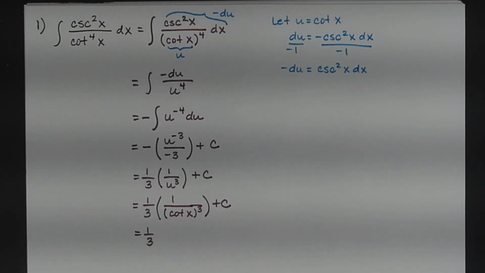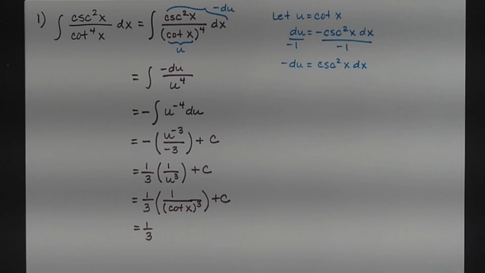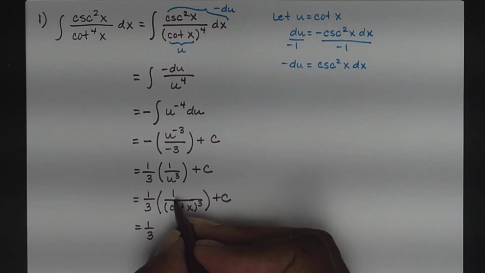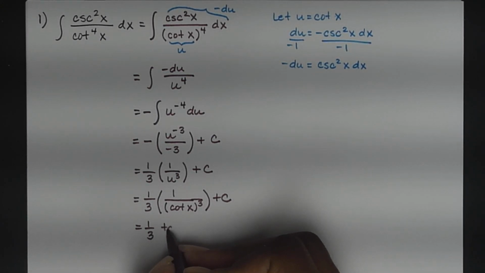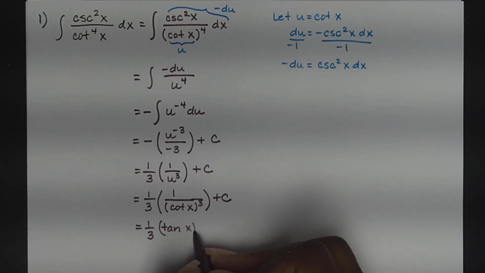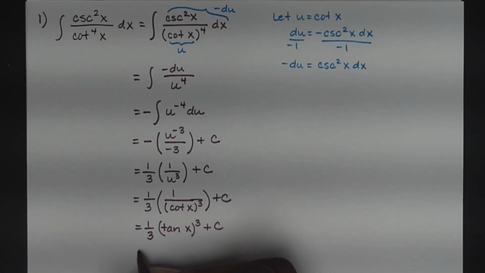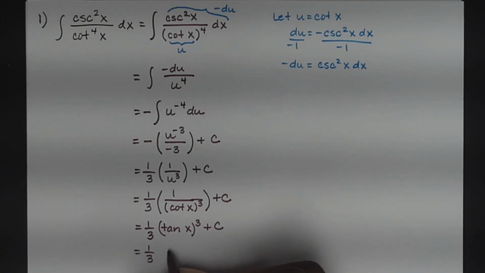You might want to refer back to section 1.4 dealing with the reciprocal identities for your trig functions. So one over cotangent will be the tangent of x, and that's cubed, plus c. And then 1/3.